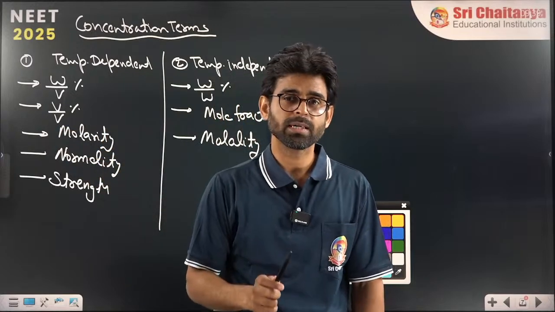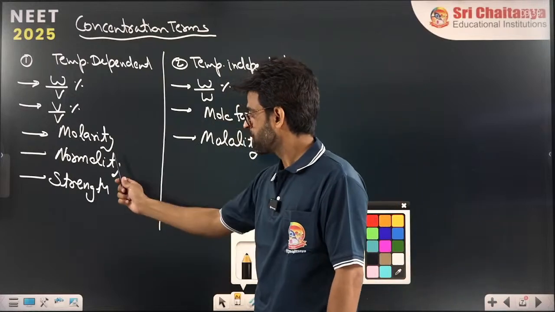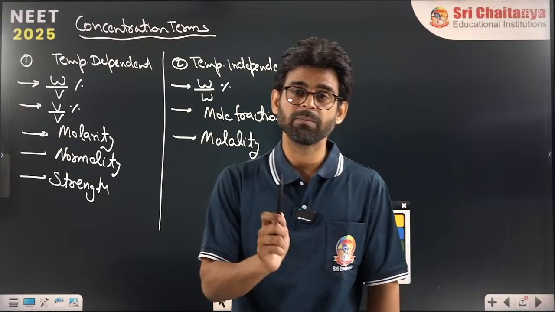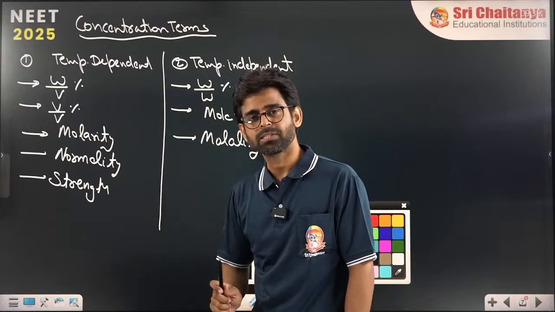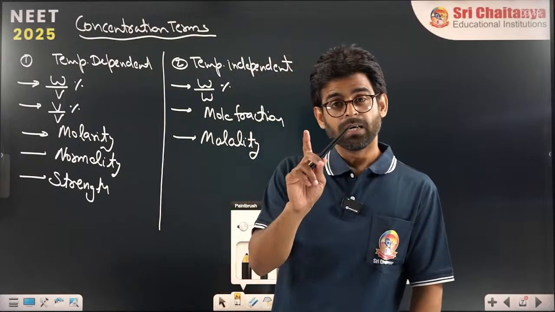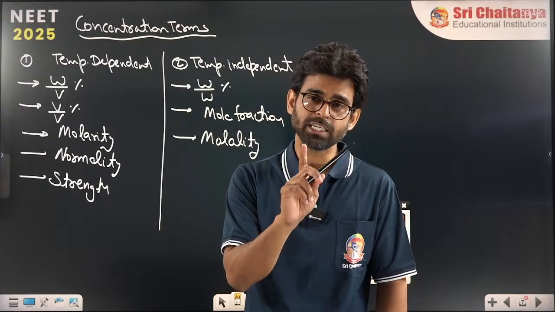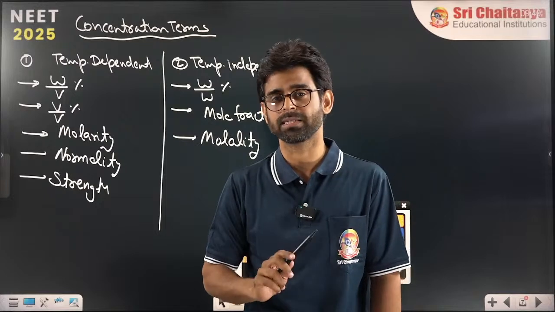Moles of solute divided by volume of solution in liters. Normality: number of gram equivalents of solute divided by volume of solution in liters. What is strength? Carefully, strength is weight of solute divided by volume of solution in liters.